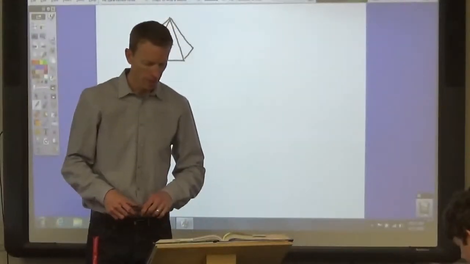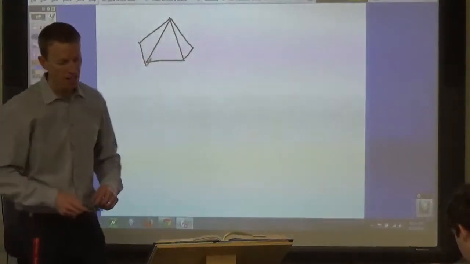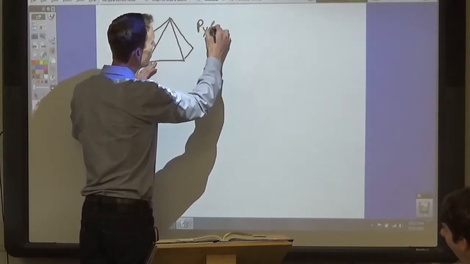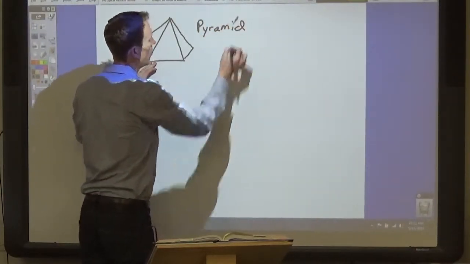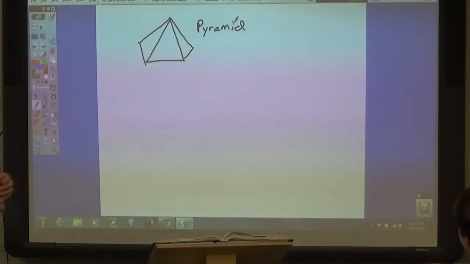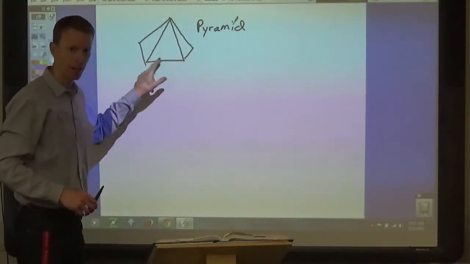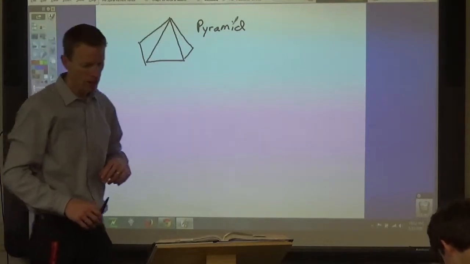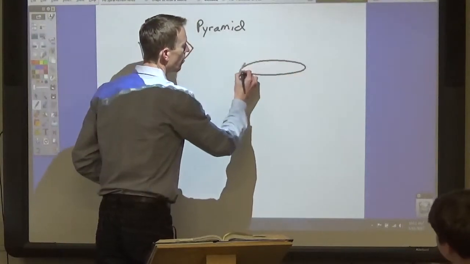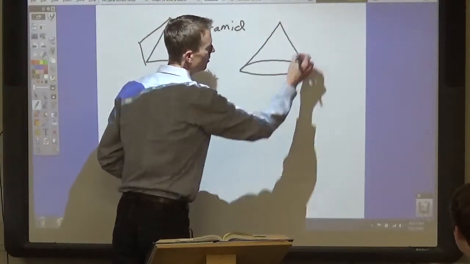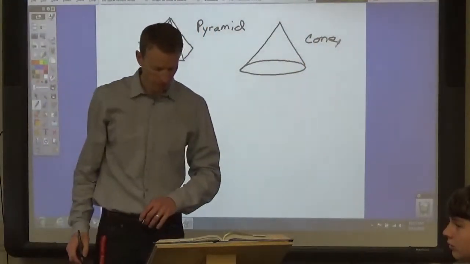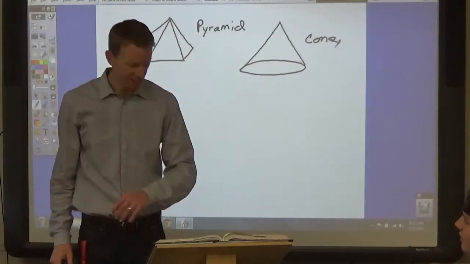This is first of all a pyramid, so maybe a rectangular pyramid or a triangular pyramid based on the bottom base, whatever the shape is. A cone has a circular base at the bottom. So that's specifically called a cone, a circular base and one vertex.